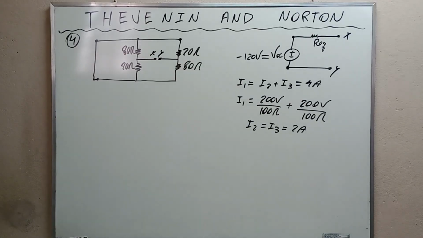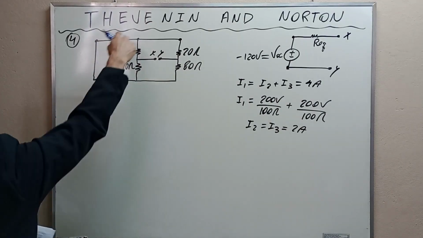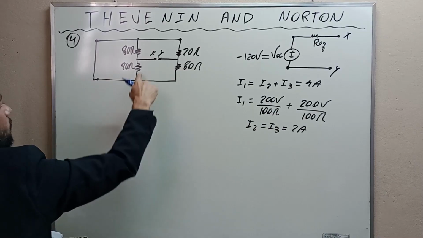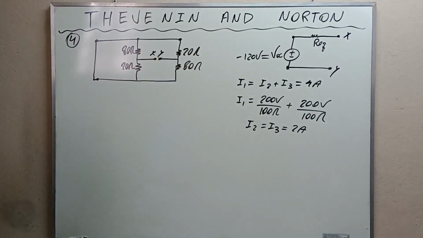Observe that the short circuit where the voltage source was located is common to all resistances. Observe that this node here is common to all resistances. Alright?